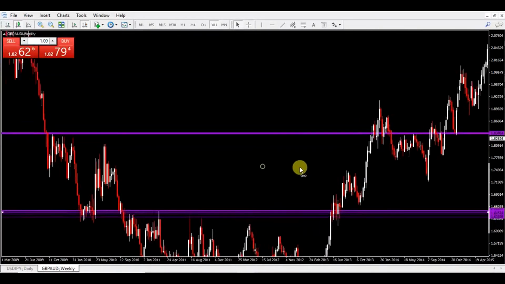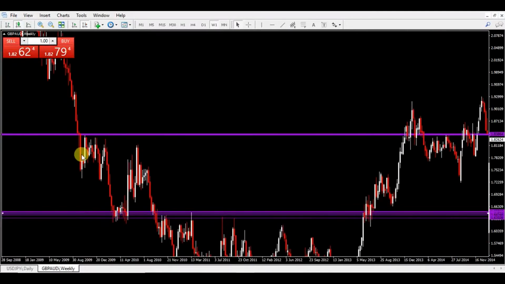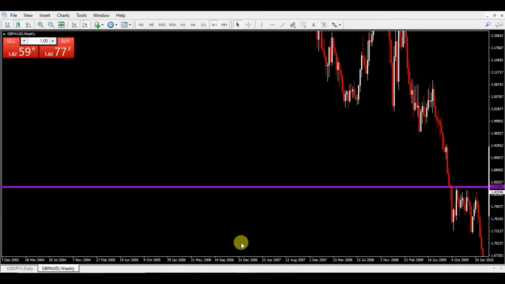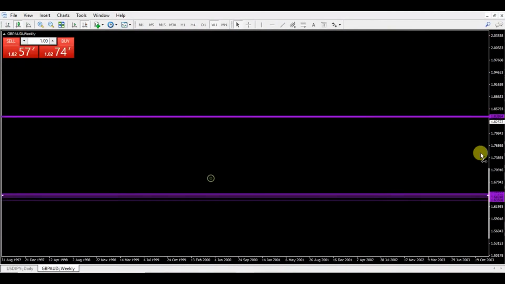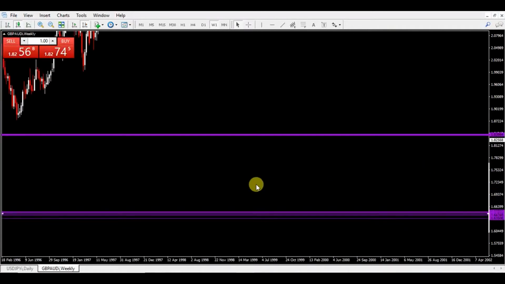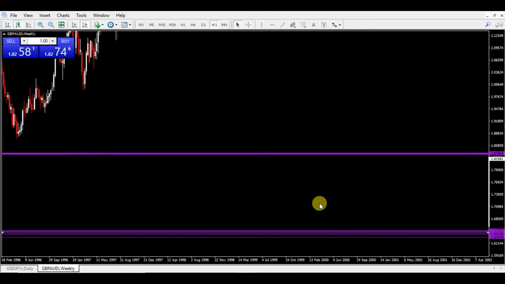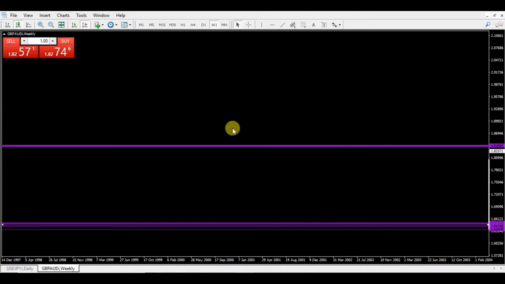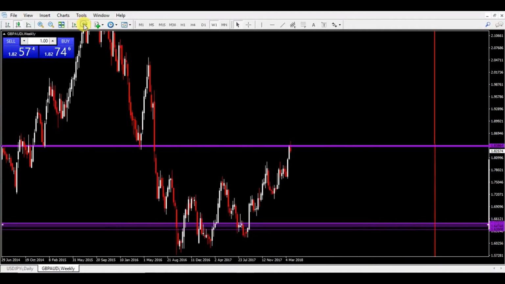Let's scroll back some more. Oh, came down, blasted through, came up, retested that area, went down. Let's go see if we can scroll back a little further. That's as far back. Came down just within the zone and went up. All right, so very major weekly.